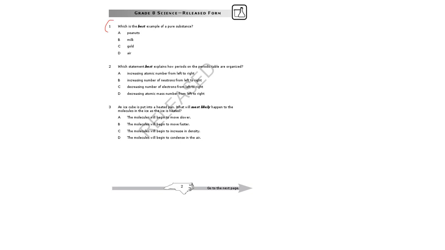So question number one, which is the best example of a pure substance? All right, air is a mixture, gold is AU, milk is a mixture because it has proteins and fats and sugars, right?